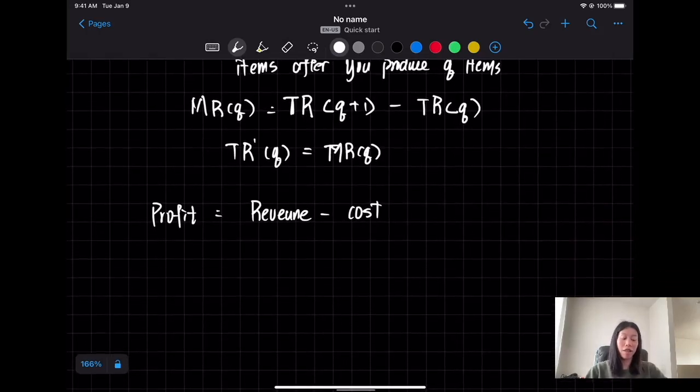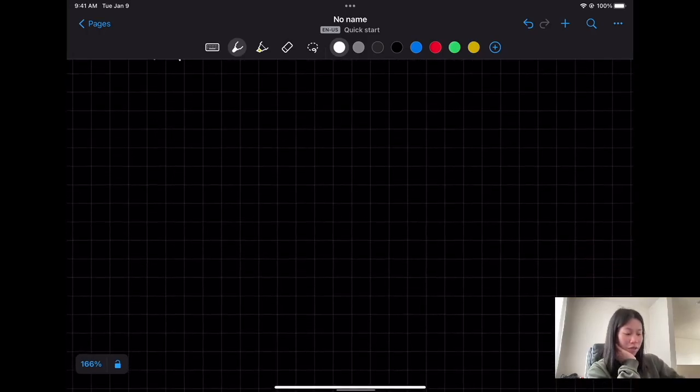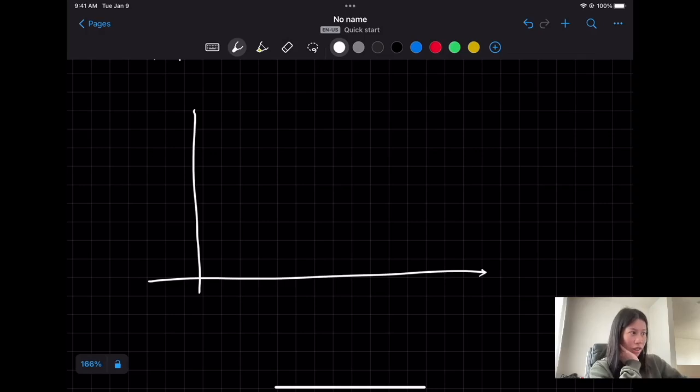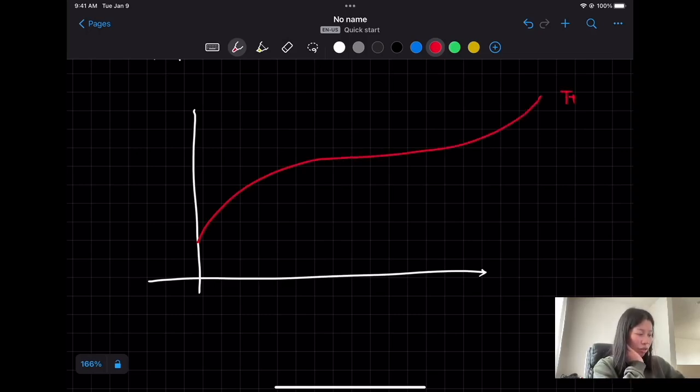But remember that the profit is the difference between the revenue and the cost. So for example, if I give you a graph here, let's say the total revenue and the total cost, I'm going to use a red pen to represent, would be something like that. This is the total cost.